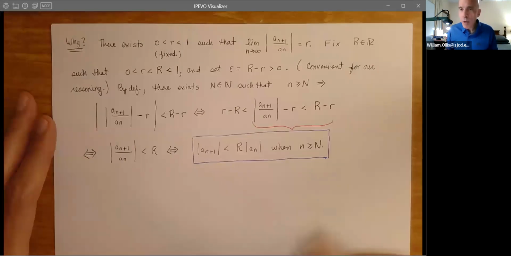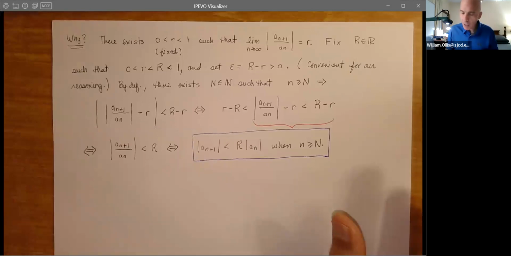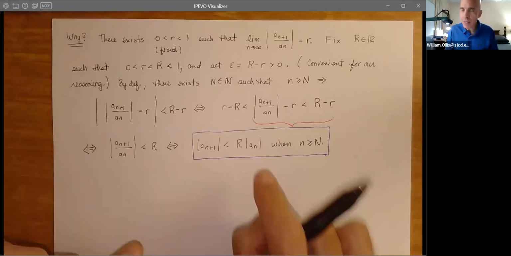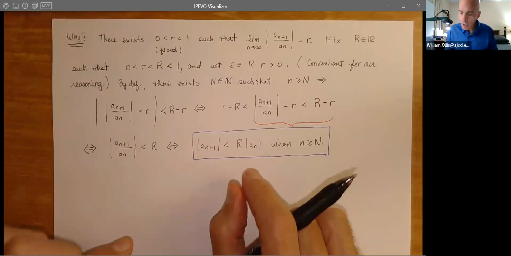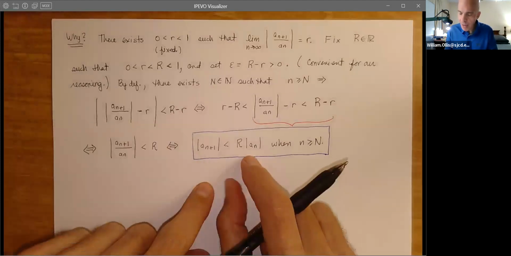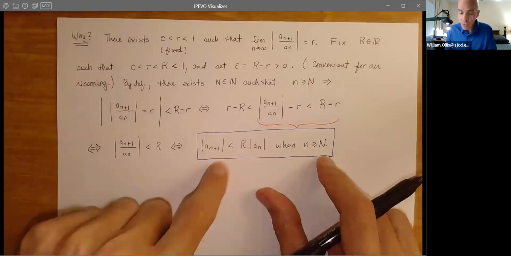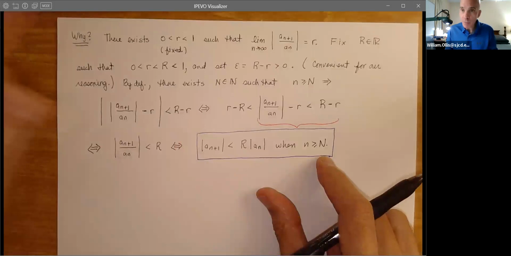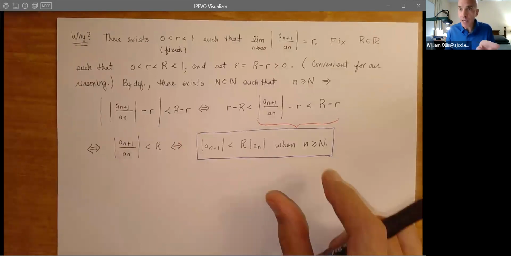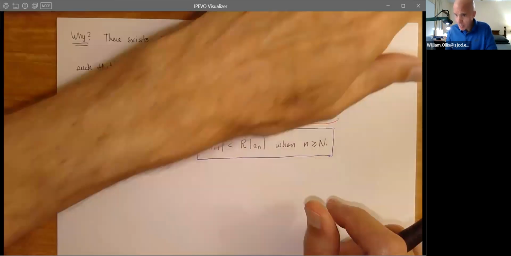Now, what's interesting about this particular problem is that once we have this, we know eventually this is always going to be true. So we've got n, well, actually, if you consider this n minus 1 terms, a sub 1, a sub 2, and absolute value up to a sub n minus 1 in this particular case.